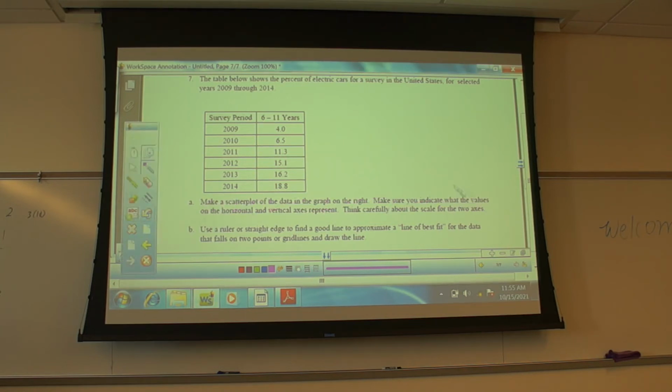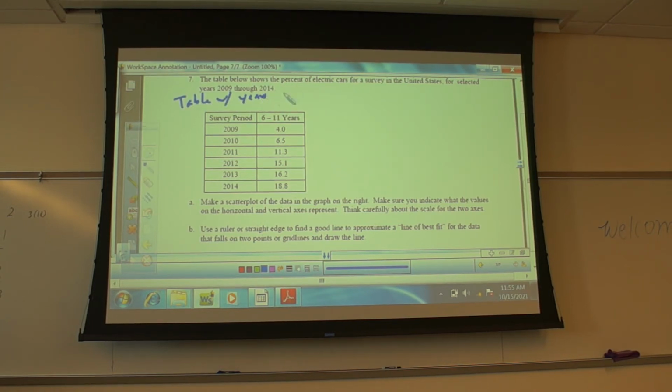Whenever you have these real ones with the tables, with the real years, the first thing you should do is make x equals 0 the first year.